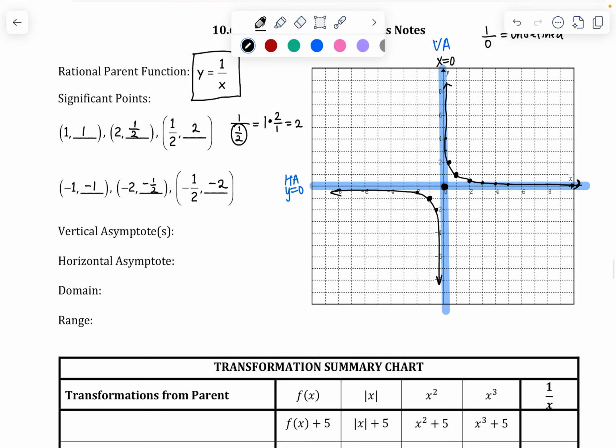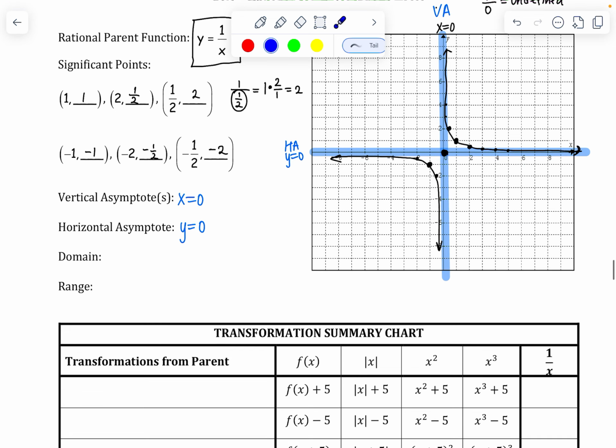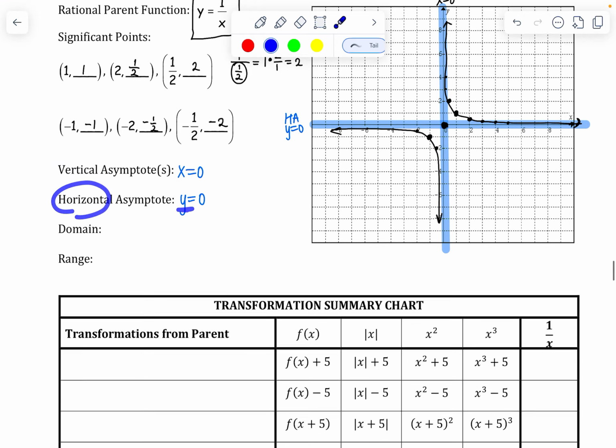Our vertical asymptote was at x equals 0, and our horizontal asymptote was at y equals 0. Remember, y equals is always a horizontal line. So y equals 1, y equals 2, y equals 3, because they're crossing the y-axis. Whereas x equals 2, x equals 4, x equals 6, those are vertical lines. So it's very important that you have the x equals for your vertical asymptote and the y equals for the horizontal asymptote, because these are lines.